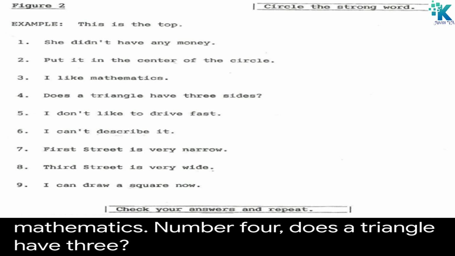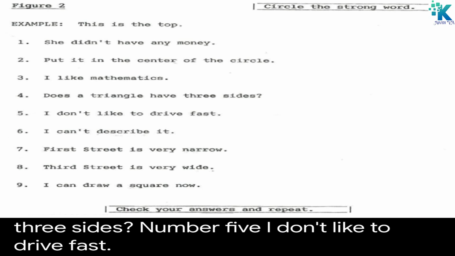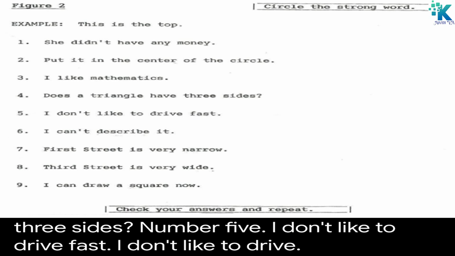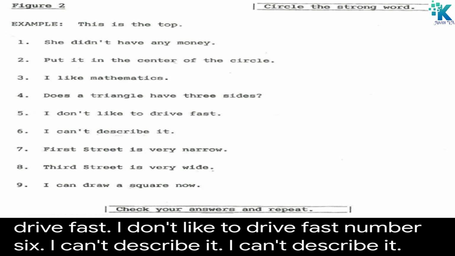Does a triangle have 3 sides? Number 5. I don't like to drive fast. Number 6. I can't describe it.